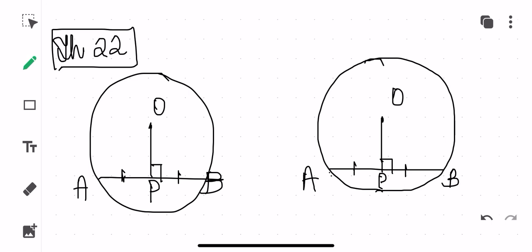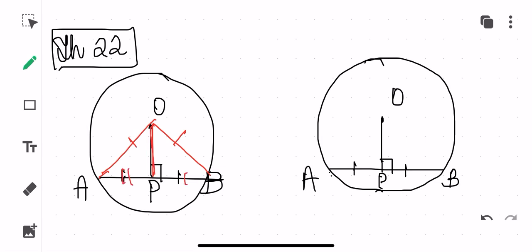Okay, of course we have proofs as well, but I don't think, children, they are going to ask. Even if they are going to ask, this is quite an easy one, children. You will be joining these two, and then you will be proving that these two triangles are congruent because this is equal to this, this is common, and this side is equal to this side because it is given.